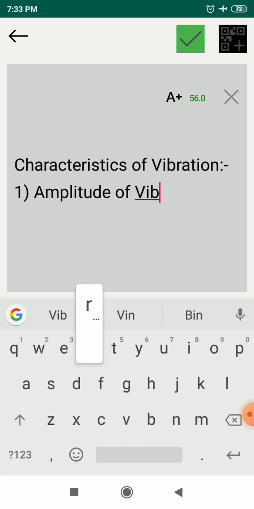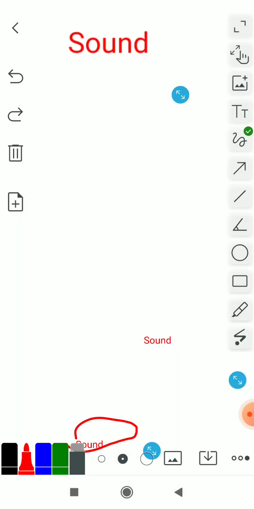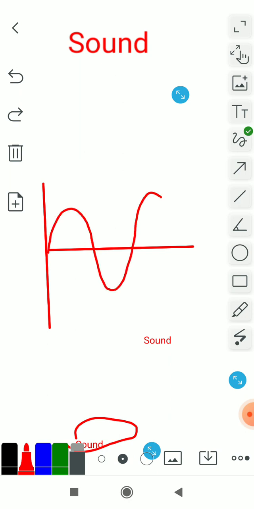Amplitude of vibration. So, what is amplitude of vibration? To get to know about it, first of all, you have to see this graph. Now we will draw a graph. Here, displacement.